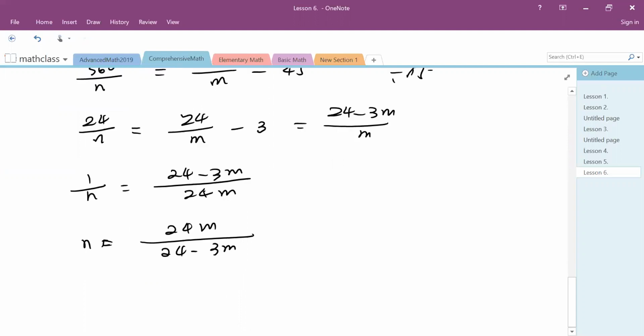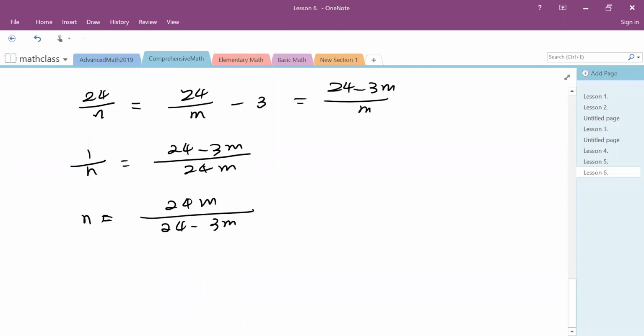There are not many choices for m here because this should be positive. Then you look at the possible values for m. M cannot be 1, right? Because this is a polygon. The smallest value for m is 3, right? 4, 5, 6, 7, right?